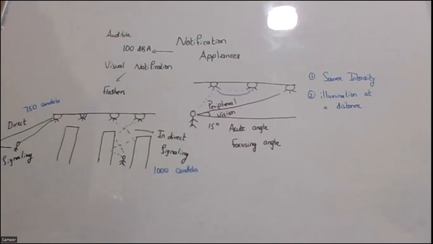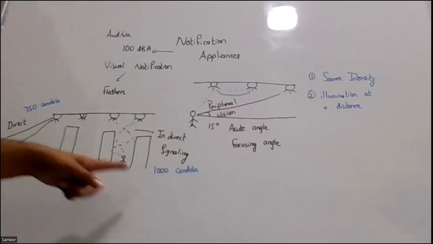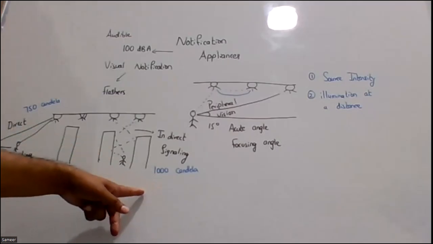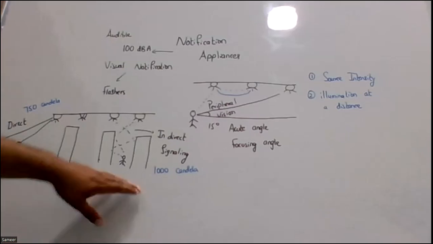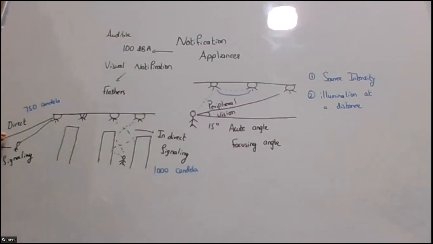Now, how much candela that flasher can give depends upon the type of device. Some devices give 1000 candela in 0.1 second of activation, and some devices might reach 750 candela in approximately 0.2 seconds. So it depends upon different types of devices.